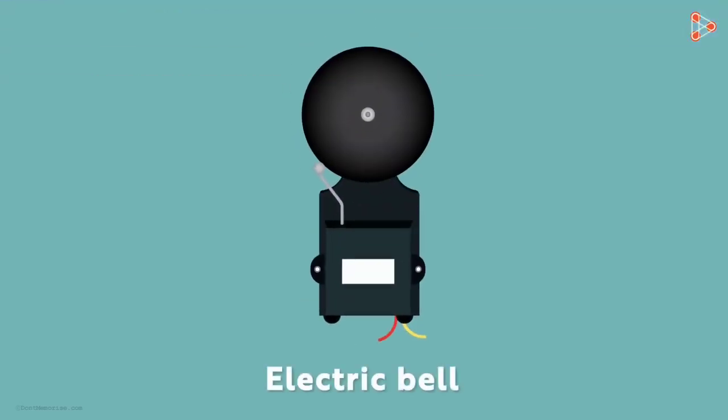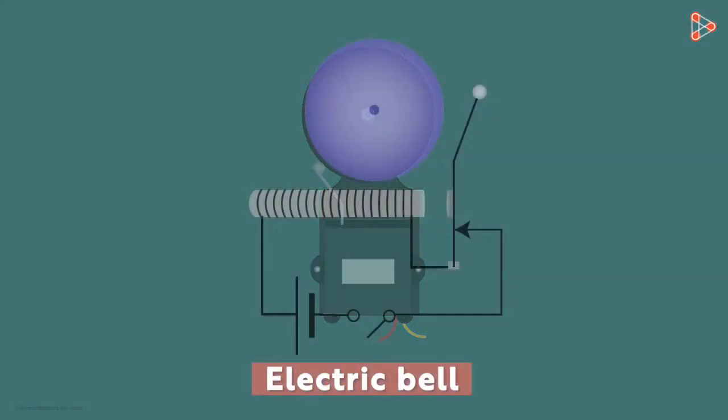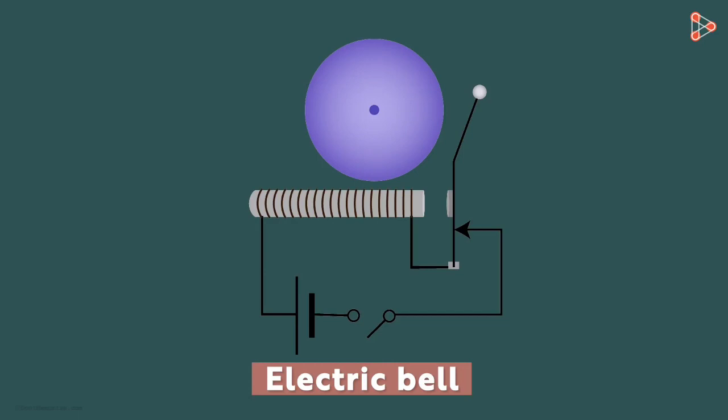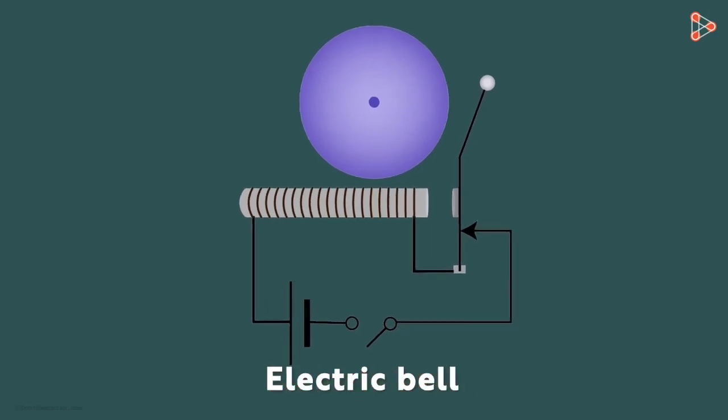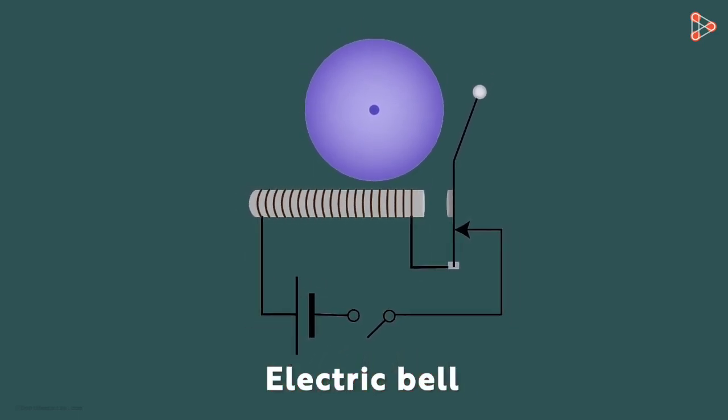Then electric bells. Yes, most of the bells we see nowadays are electric bells. Here's a very simplistic diagram of an electric bell. This is the inner structure of the bell. Let me first tell you the names of the basic components.